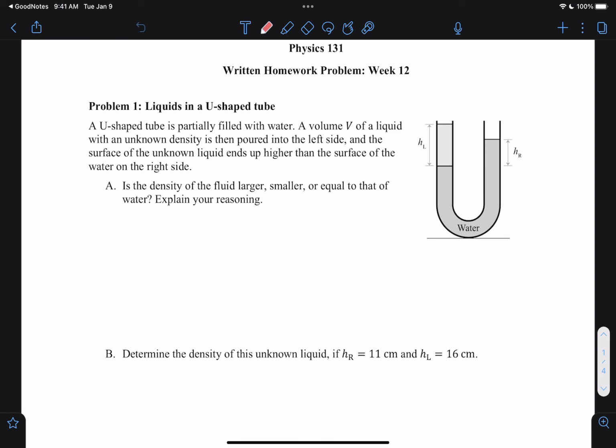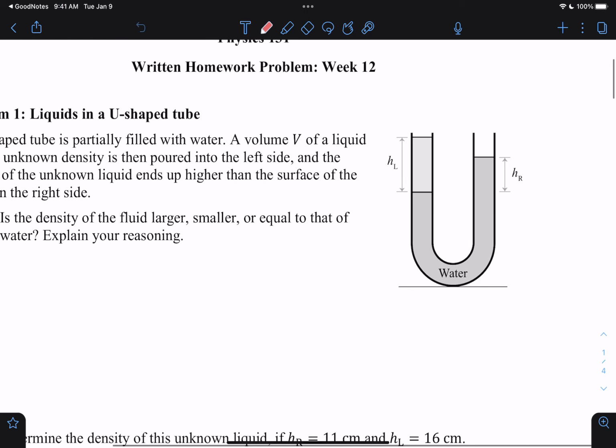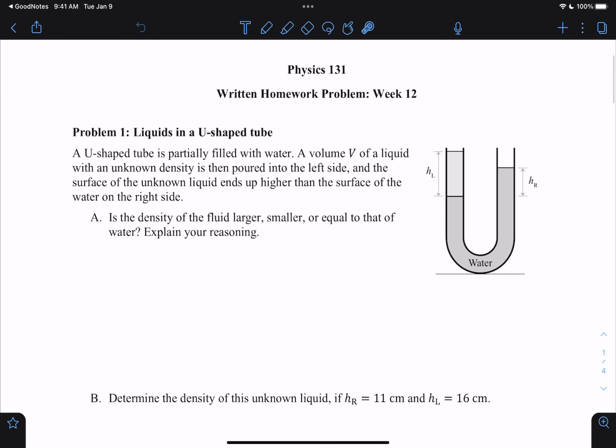So we have this liquid here, unknown density, we're not sure about the density for it. It's poured into the left side, and the surface of that unknown liquid ends up a little bit higher than the surface of the water on the right side.